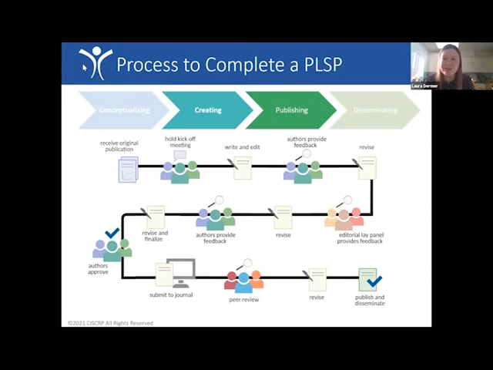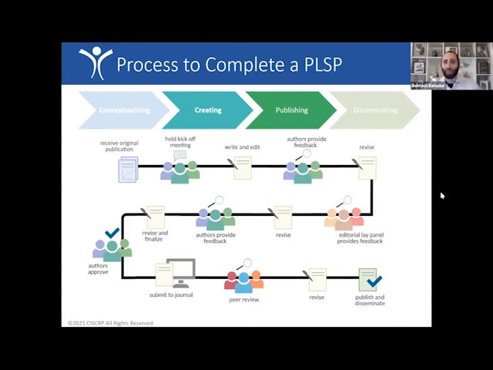I probably should have mentioned previously, but all of our PLSP articles are of course published open access, so that anyone can read those that want to, and they're also indexed in whichever services the journal is covered by, so PubMed and Web of Science, Google Scholar, the same as the rest of the journal content. So as I say, I think the crucial part really is that peer review process, to make sure that what we're providing is answering the need for the audience that's going to be reading it.